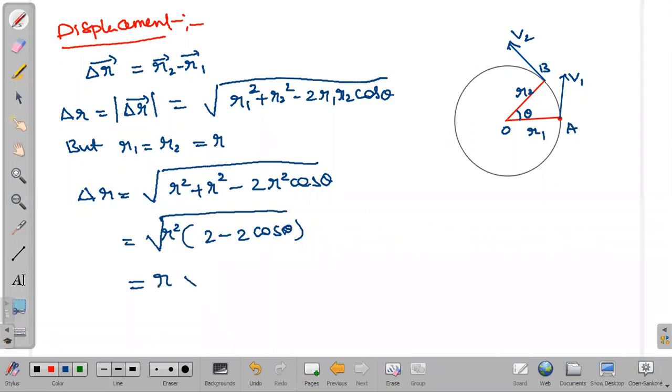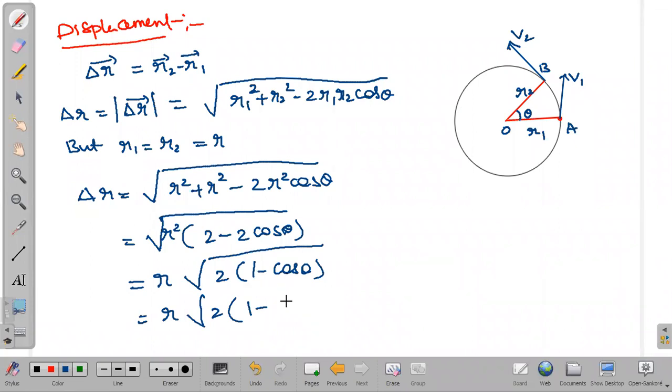So what do we get? 2 into 1 minus cos theta. Now for this, from a trigonometric identity, I will write one trigonometry formula: 2 into 1 minus cos theta, I am writing it as 1 minus 2 sine square theta by 2 for cos theta.